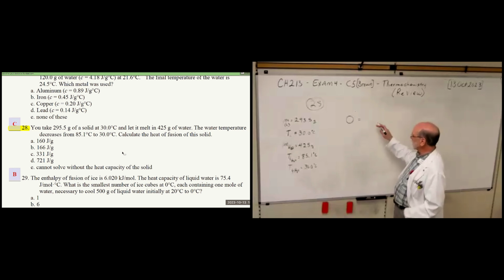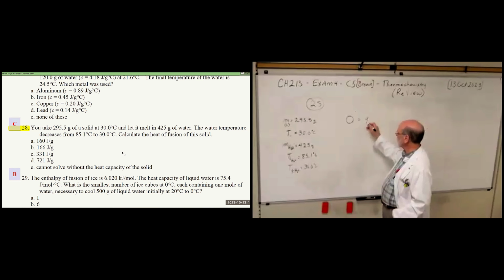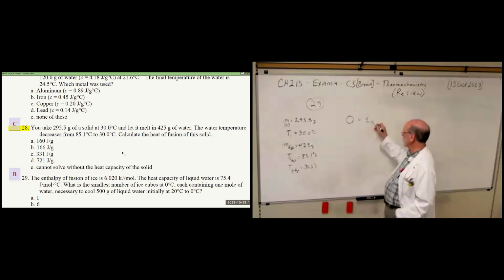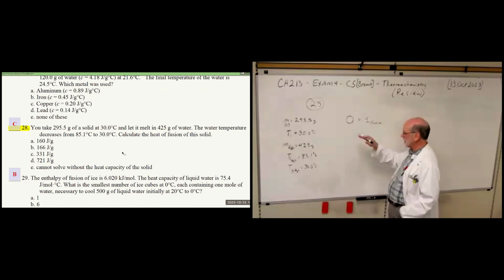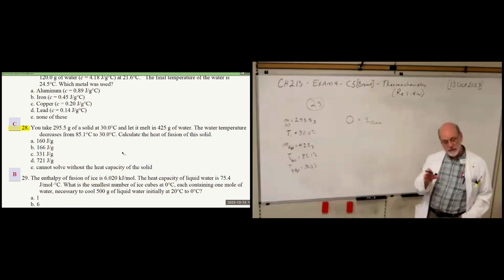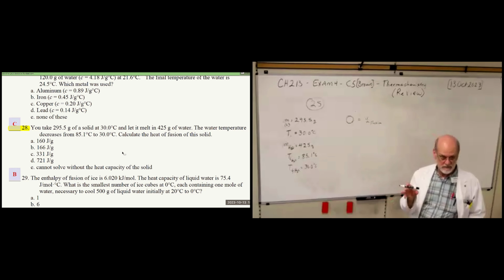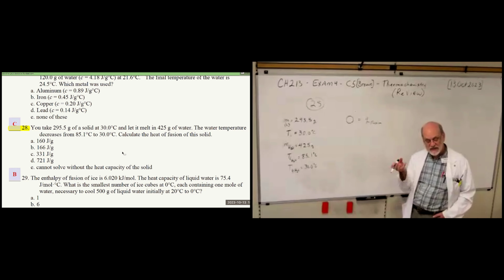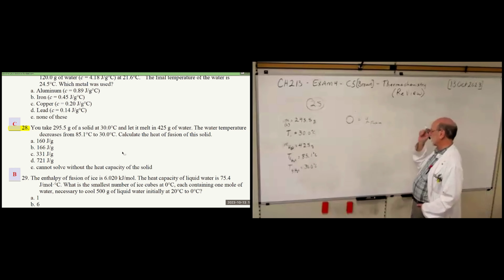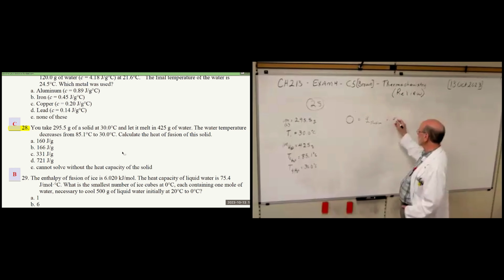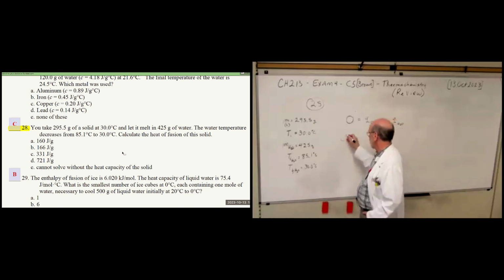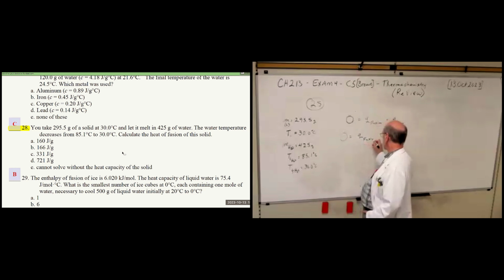But we're going to set this one apart, the Q of fusion of that solid. And we also have to assume that when you put that solid in water, it doesn't dissolve in the water. It just extracts heat from it. And then there's the Q for the water.